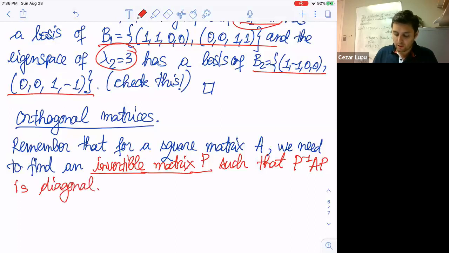This is what the diagonalization procedure is all about. This is what we did.